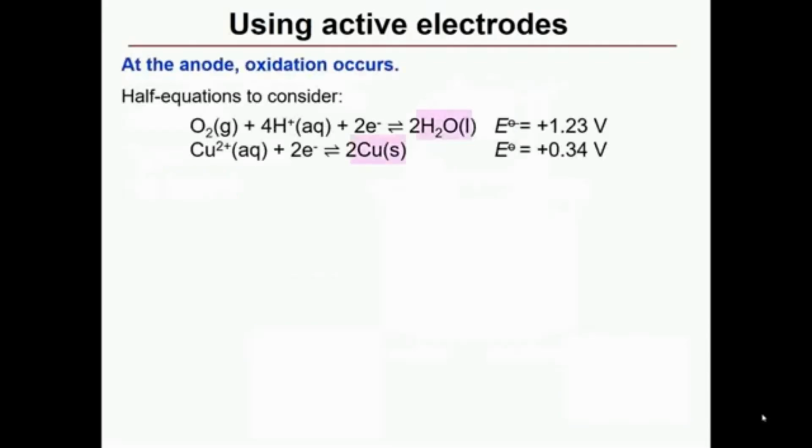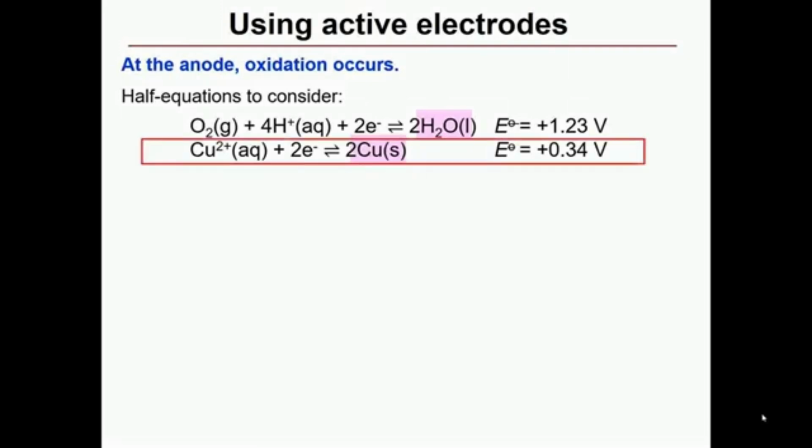At the anode, oxidation would occur, hence the two half equations to consider would be this: either the copper anode getting oxidized or the water molecule getting oxidized.